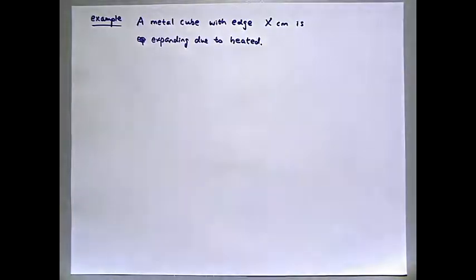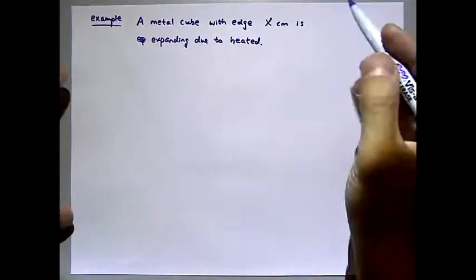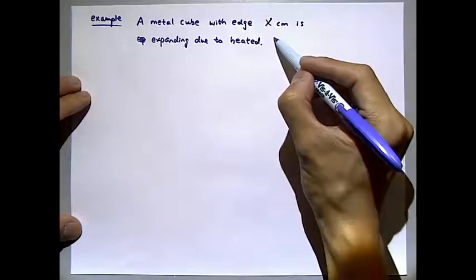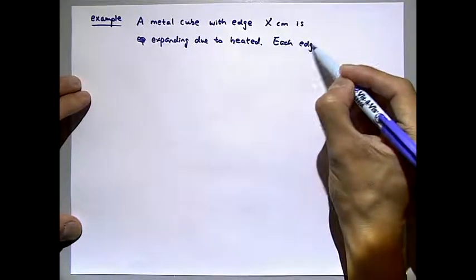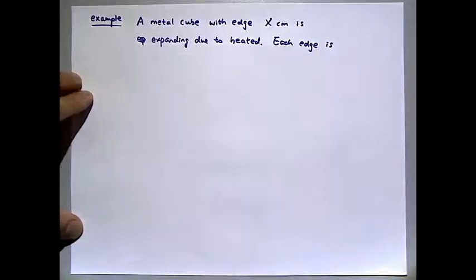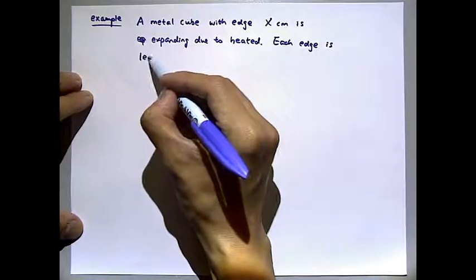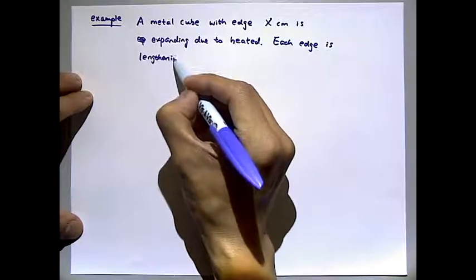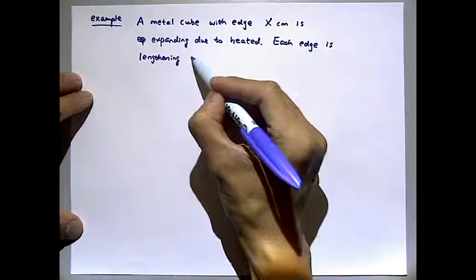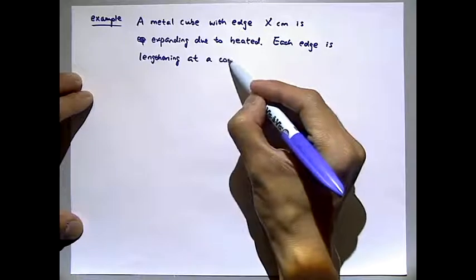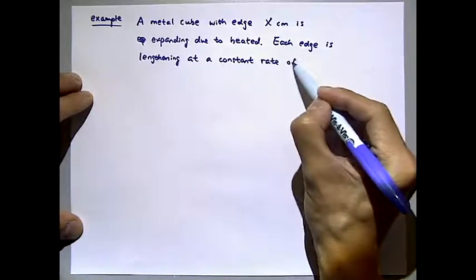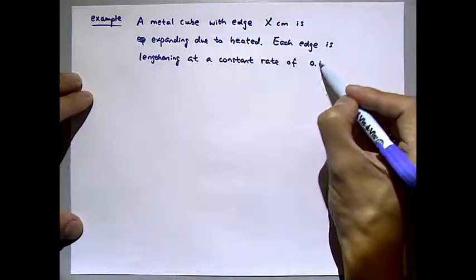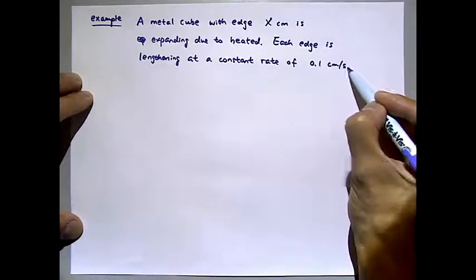We know metal expands when heated, metal contracts when cooled. Each edge of this cube is lengthening at a constant rate of 0.1 centimeters per second.